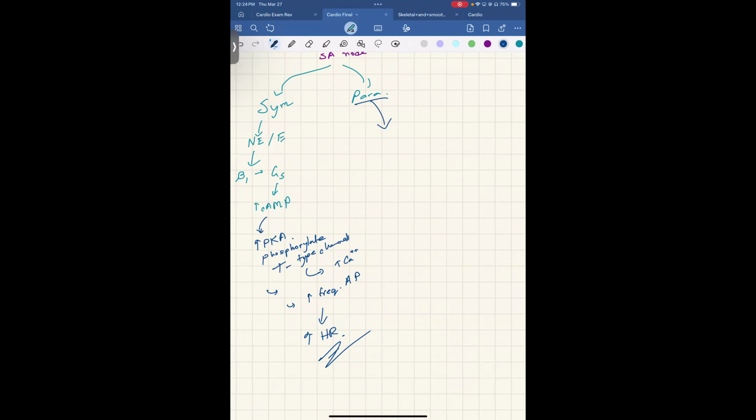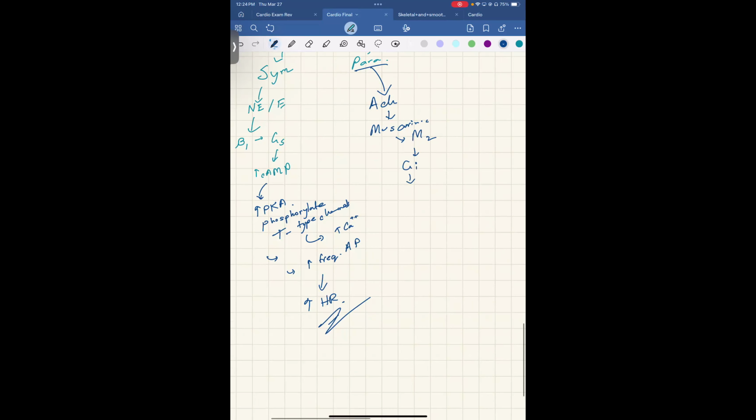For the parasympathetic, what do they release? Yeah, acetylcholine. And what does the acetylcholine bind to? Do you remember which receptor? Yeah, muscarinic. Perfect. And in this case, this is an M2 receptor, which is coupled with Gi, which means they would do kind of the opposite, would decrease cAMP.